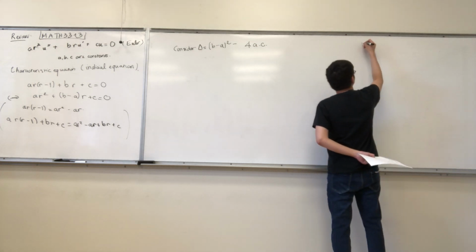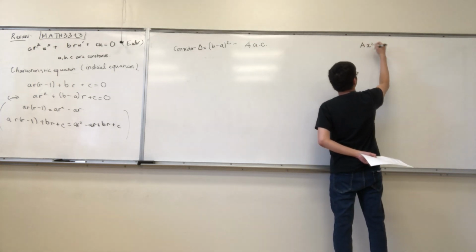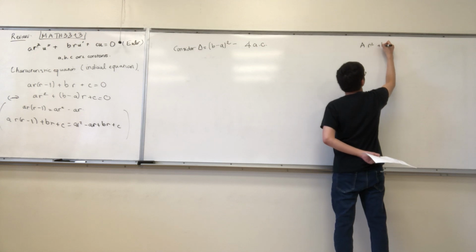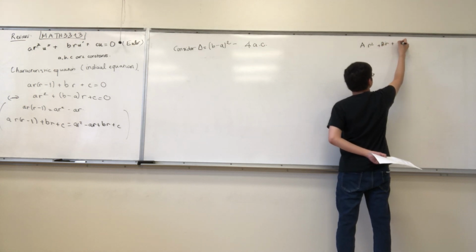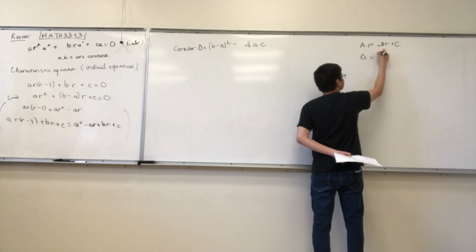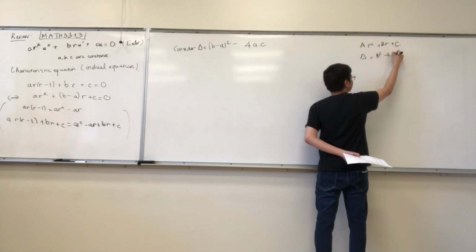So if you have a quadratic A R squared plus B R plus C, the delta is B squared minus 4AC.